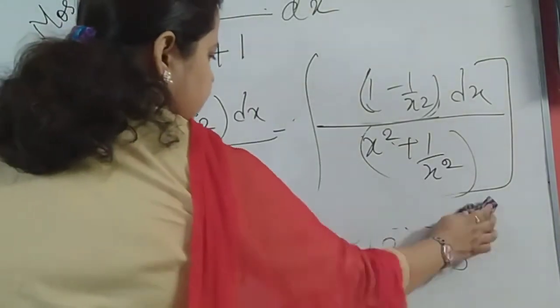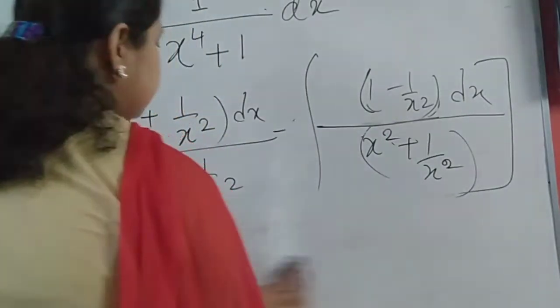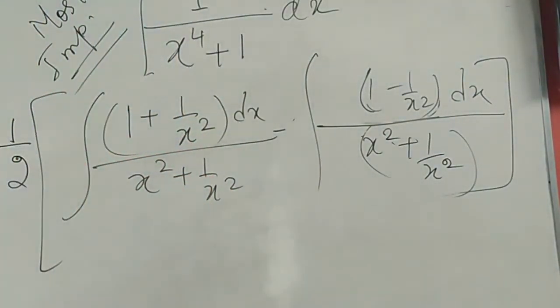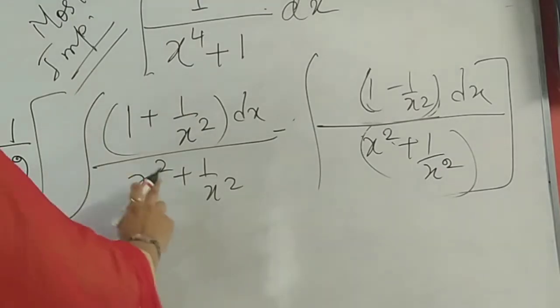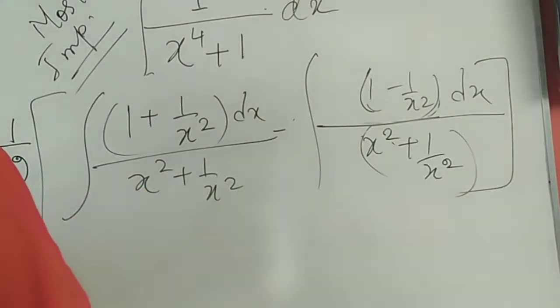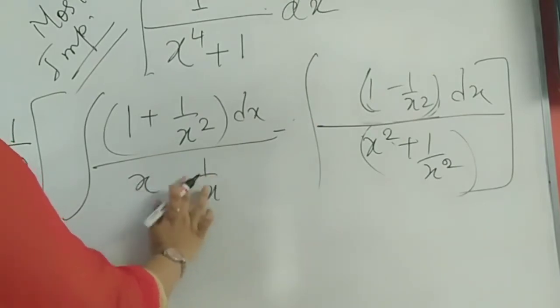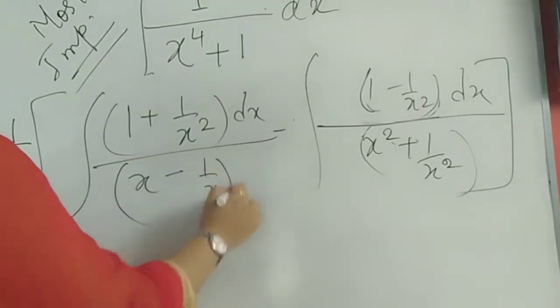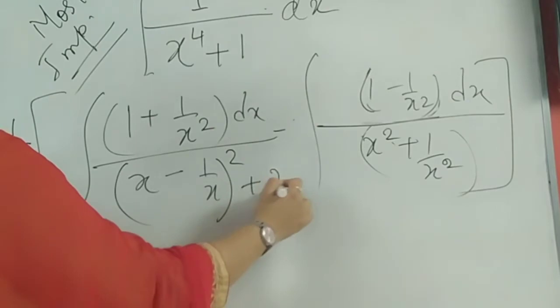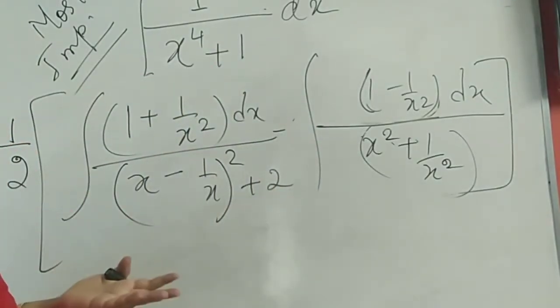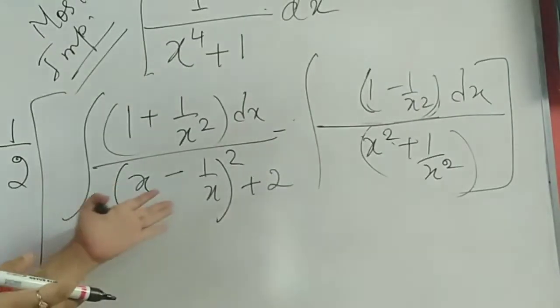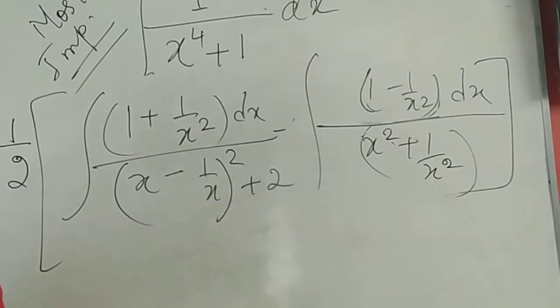Now, how is it going to help me? See here. This x square plus 1 by x square, I'm going to mold it into a minus b whole square plus 2ab. ab is not going to remain back because x is going to cancel with 1 by x.